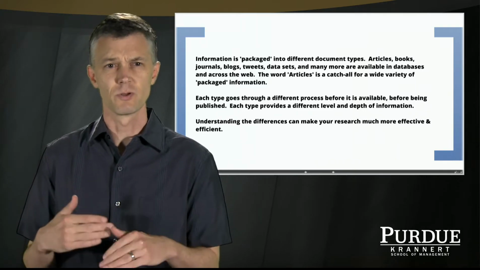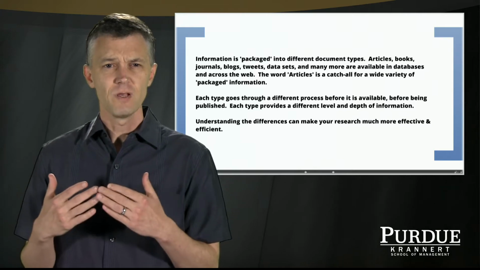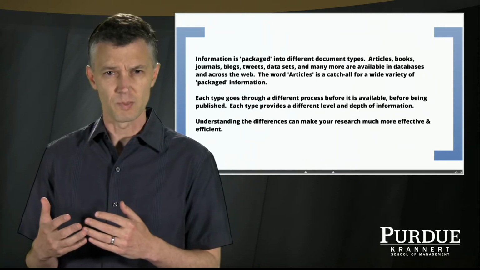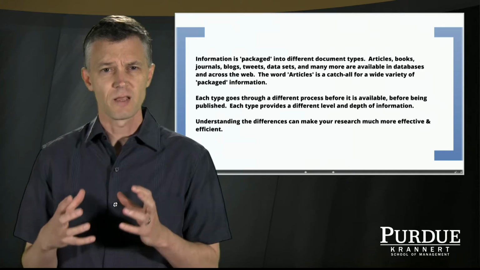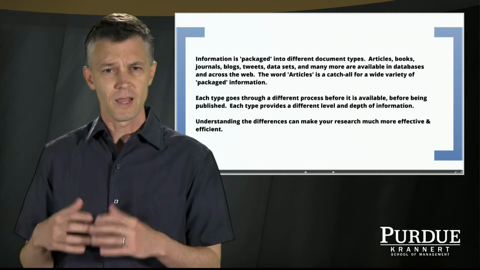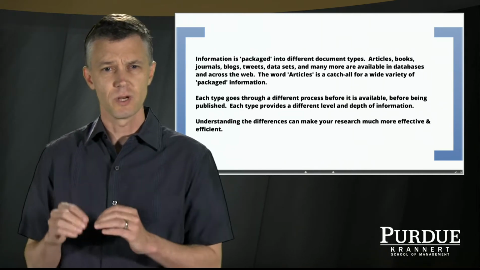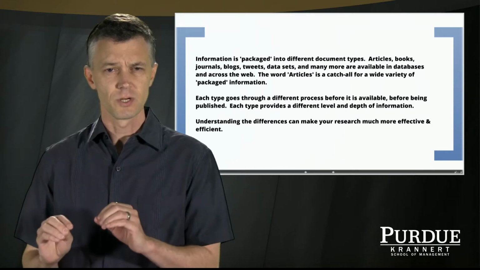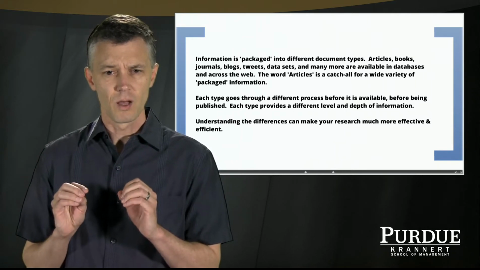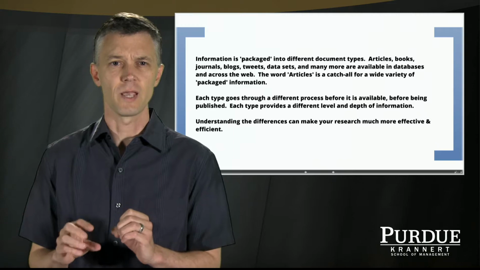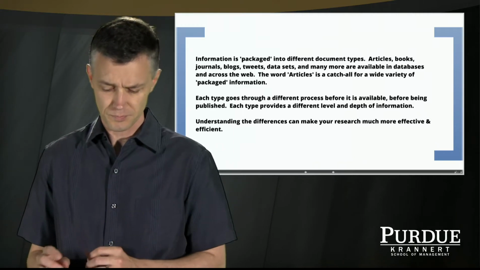So we're going to go through 5 core article types so that you can get a better understanding of the differences between them, so that when you start to research and search our databases, you'll understand what it is you're looking at and how you're going to be able to use it.